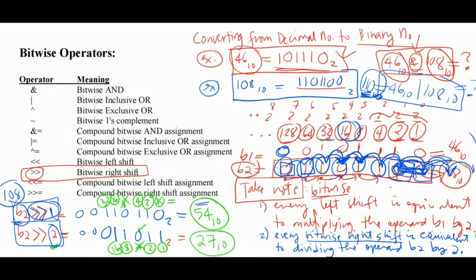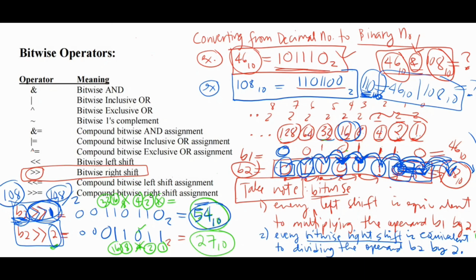So what is 108 divided by 2? 108 divided by 2 is equal to 54. Okay, so once again, every time you perform bitwise right shift, that is equal to dividing the operand by 2.